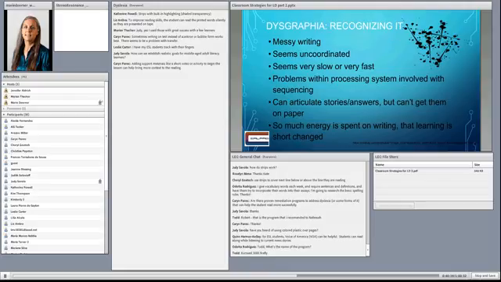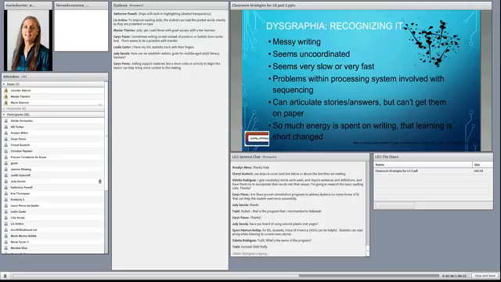Dysgraphia can also involve problems with the processing system involved with sequencing. So spelling can be difficult. Instead of G-I-R-L, you'll get G-R-I-L. The hand and brain are not working together, and so the letters will get jumbled up.